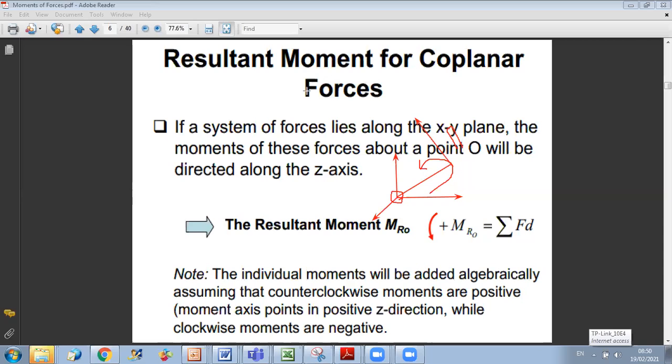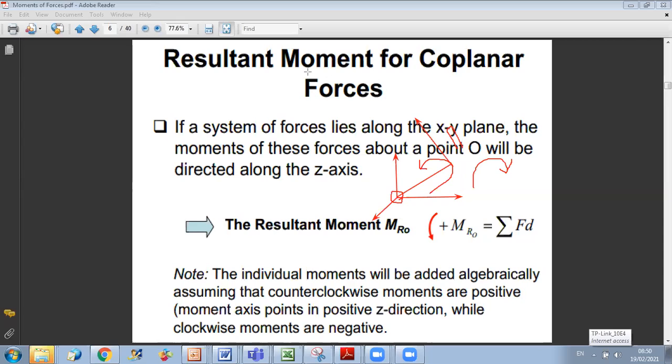While if you have a clockwise moment, try to do it with your hand now. If you have a clockwise moment and you put your four fingers along like this.